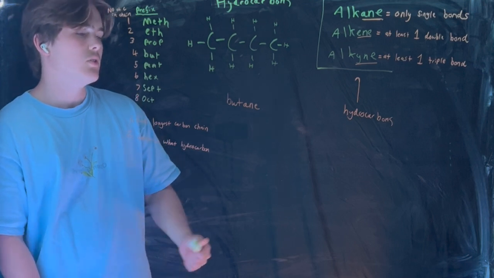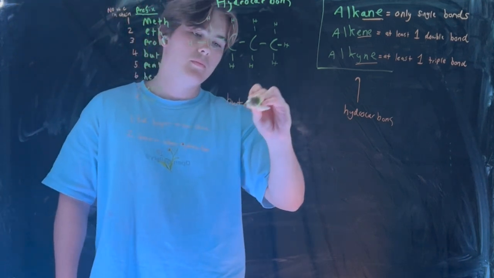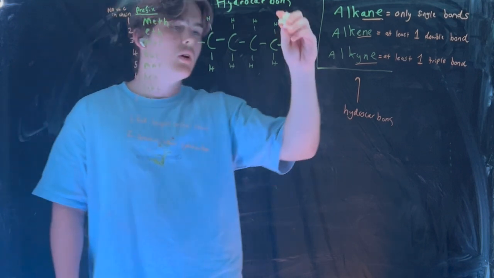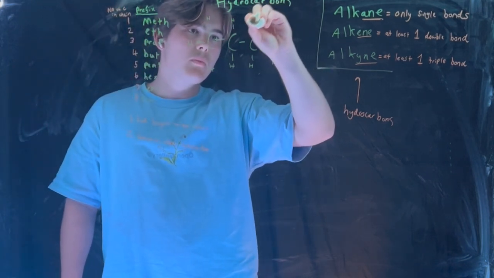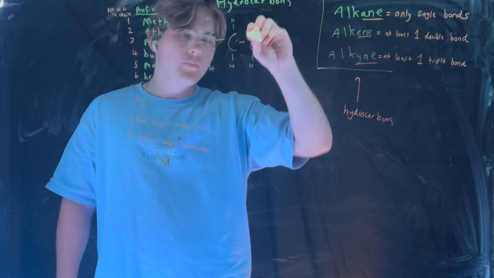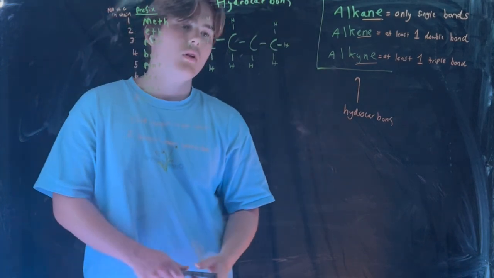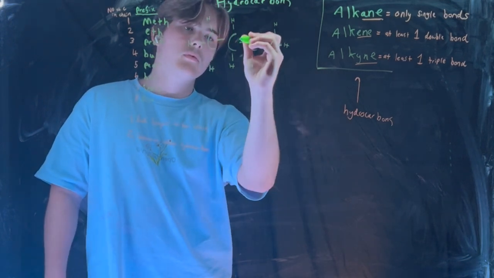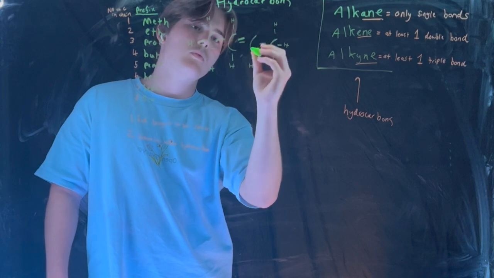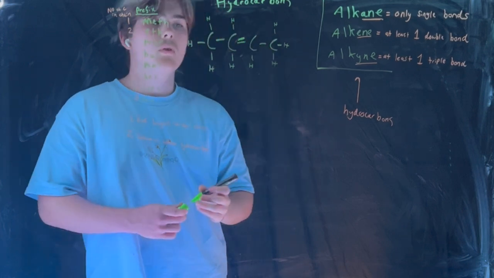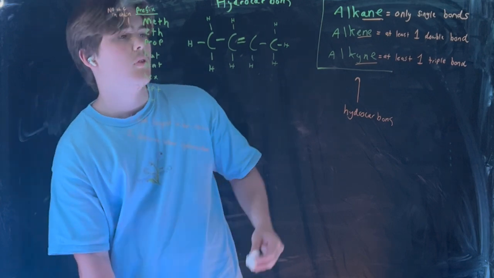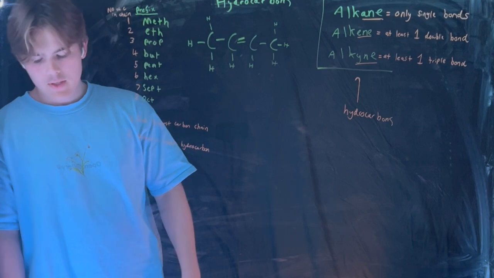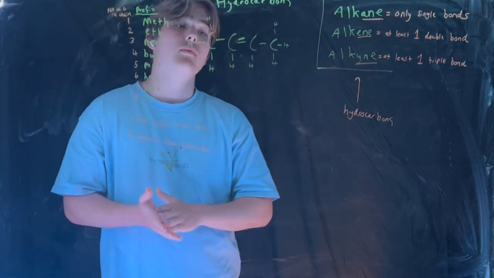Now let's say this molecule changed a little bit. Okay, so let's say we took this molecule here and we had a double bond present right here. Alright, so let's say we have this molecule now.